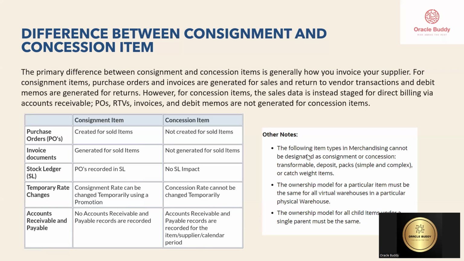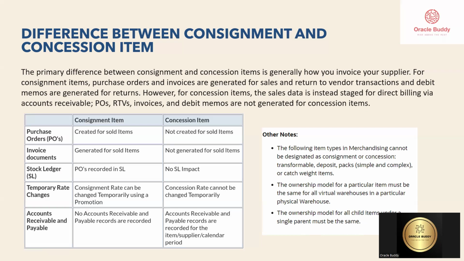Other notes: the following item types in merchandising cannot be designated as concession or consignment: transferable, deposit and pack, simple pack, or catch weight items. The ownership model for a particular item must be the same for all virtual warehouses in a particular physical warehouse. The ownership model of all child items under a single parent must be the same. If you see the department table, there will be a department type.